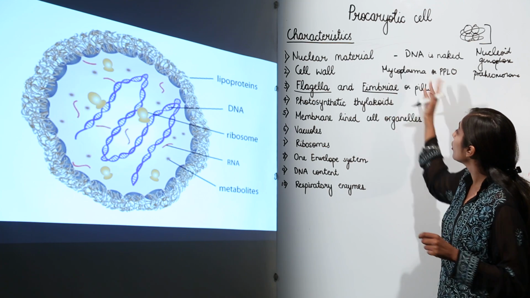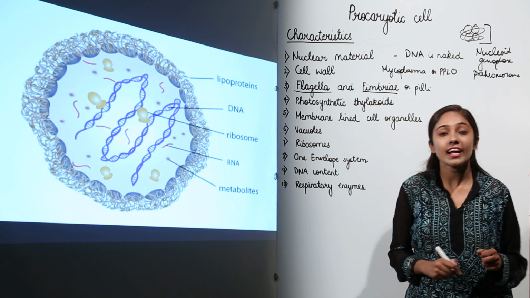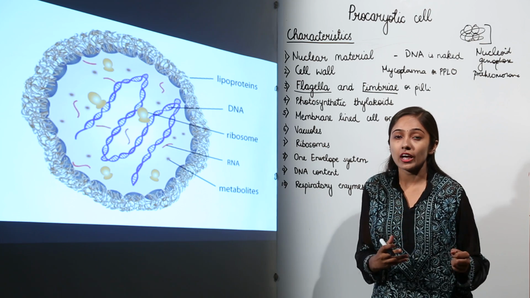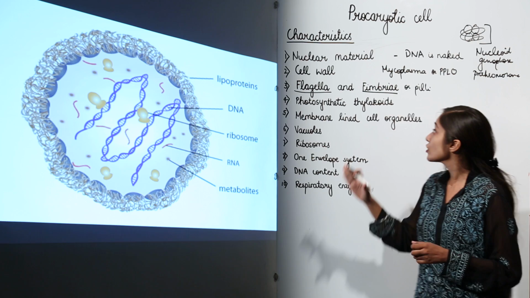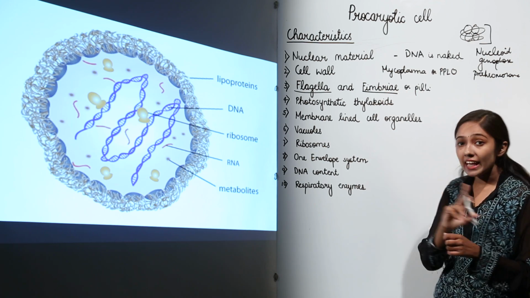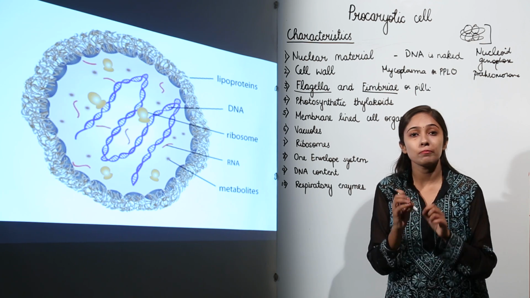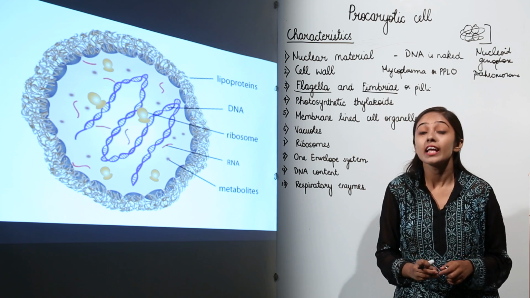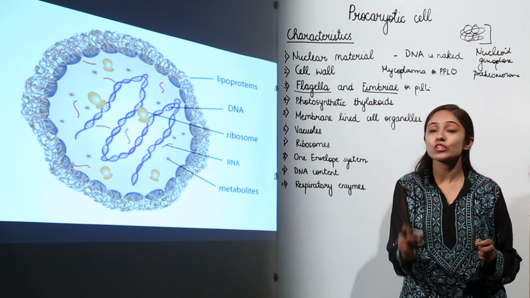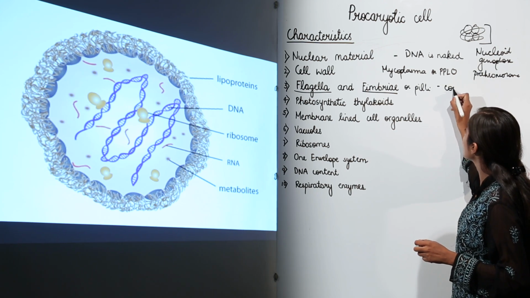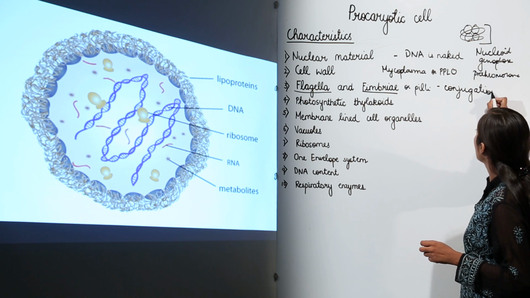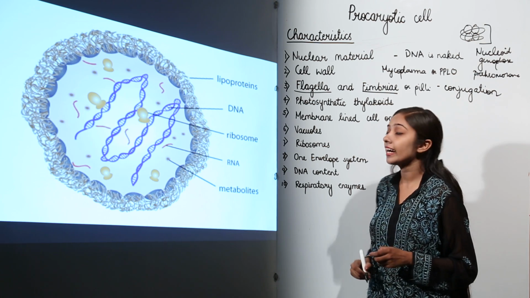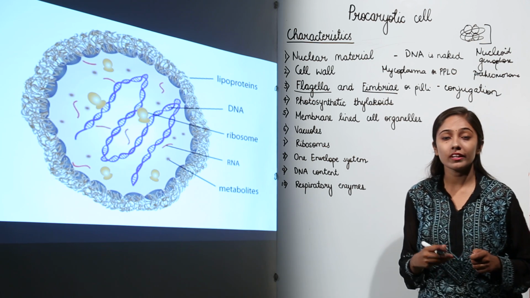But remember that fimbriae or pili help in attachment during a special sexual reproduction that we call conjugation. So these structures don't help in locomotion, they just help in attachment during reproduction.